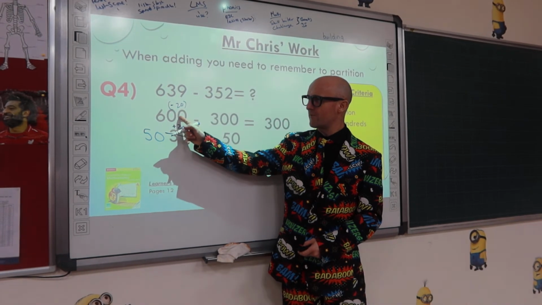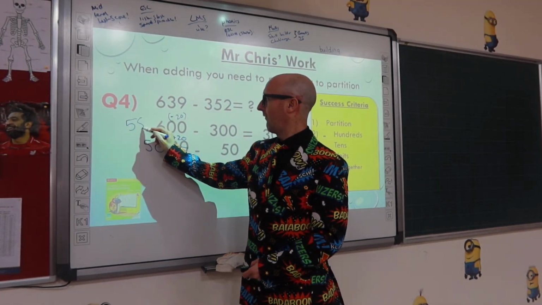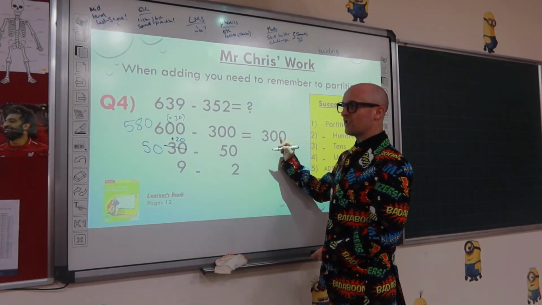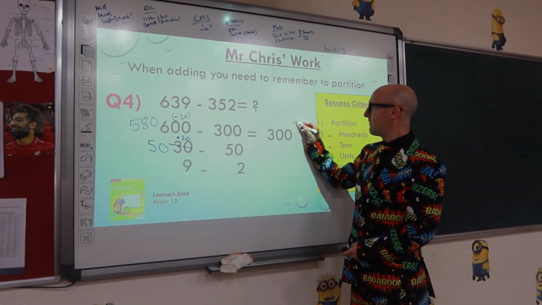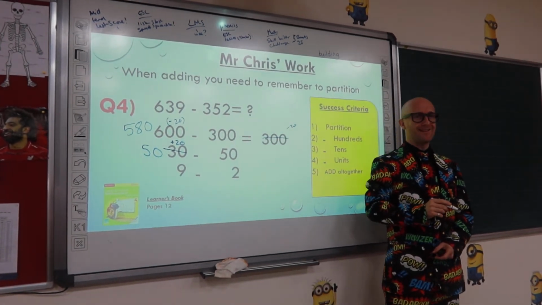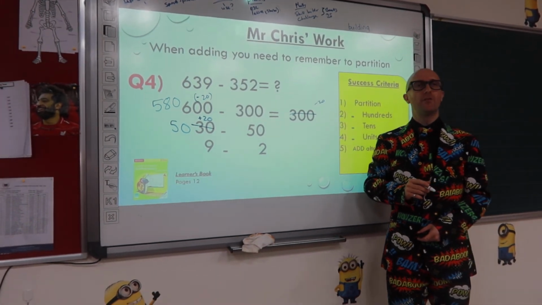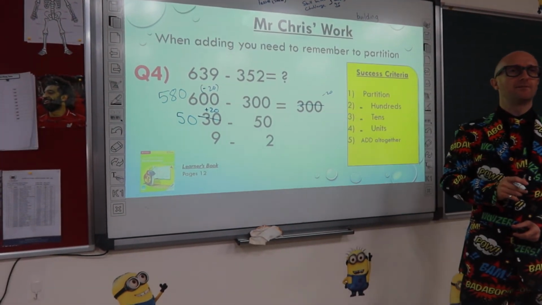Always double check. 600 minus 20 is 580. Easy. And I just take 20 away from my 300. So what's 300 minus 20?